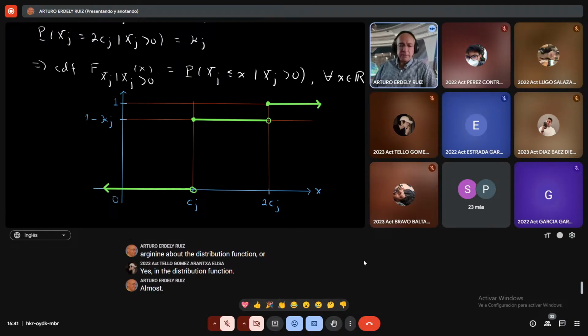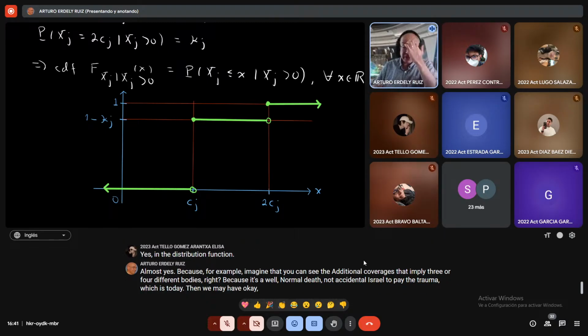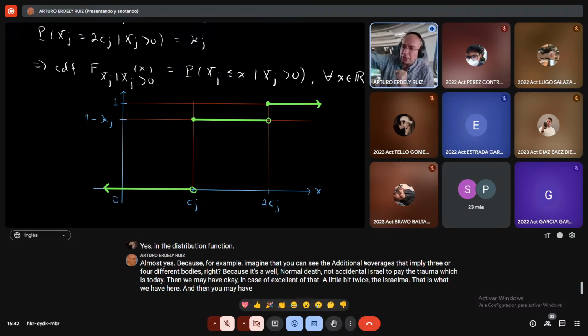Oh, well, yes, because for example, imagine that you consider additional coverages that imply 3 or 4 different values, right? Normal death, non-accidental, is going to pay the insurance amount, which is CJ. Then in case of accidental death, it's going to be twice the insured amount. That is what we have here. And then you may have a third additional coverage.